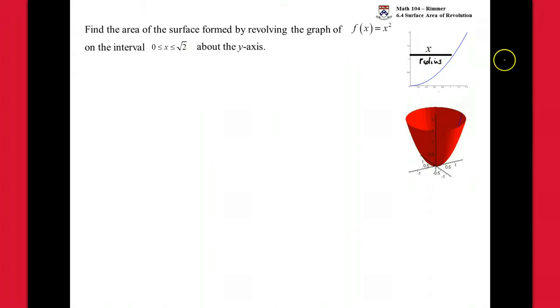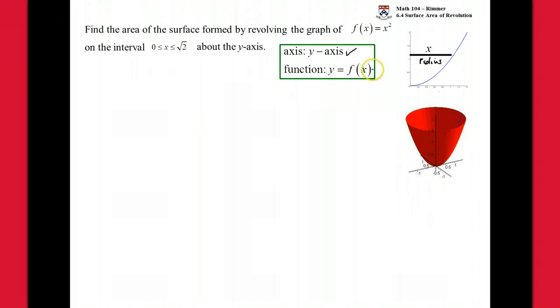The shape would look like that, and we're rotating about the y-axis, and it's given as a function of x. So the formula is going to be 2 pi x times the arc length formula part that we're used to. In general, the formula is 2 pi integral from a to b, in this case, of x ds, and the x can stay as an x.